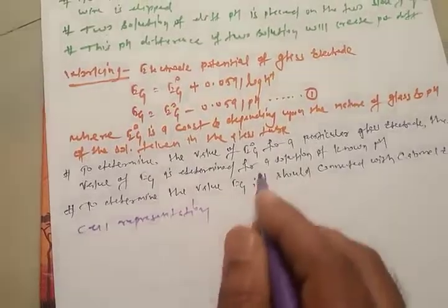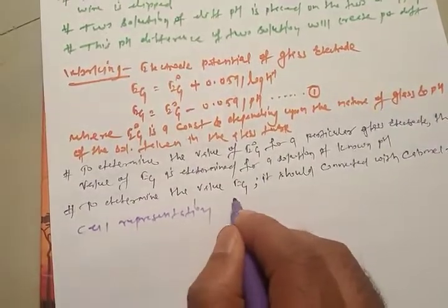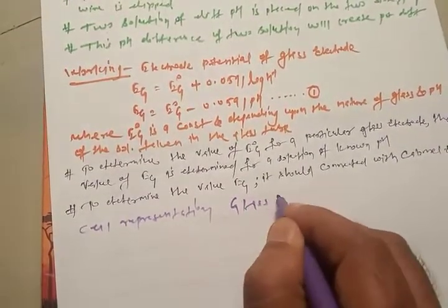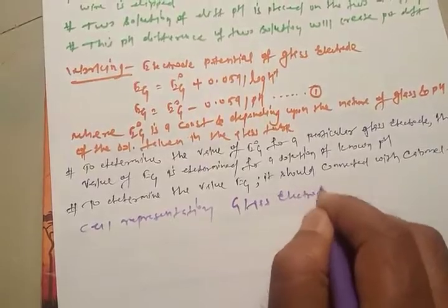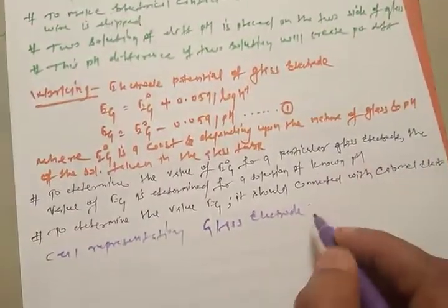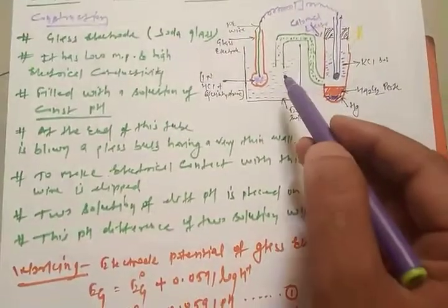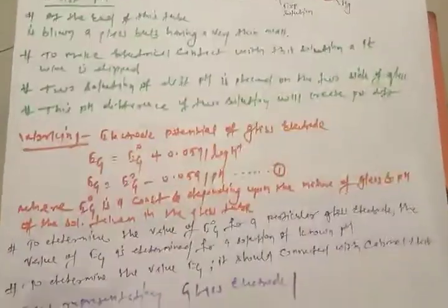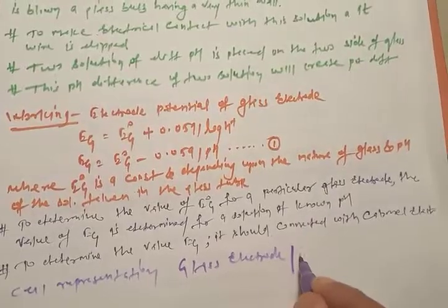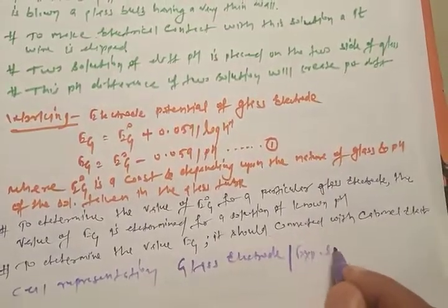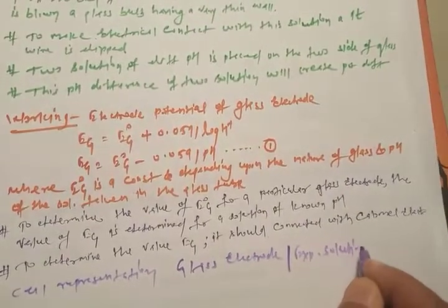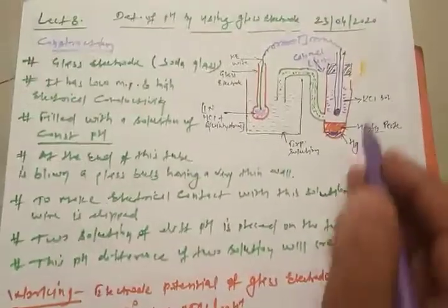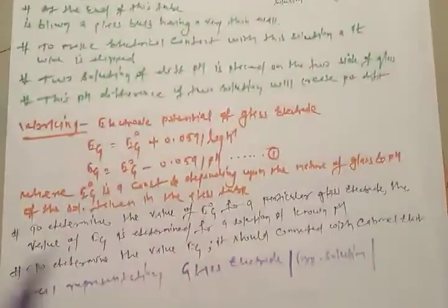So the cell representation is: glass electrode, connected with the experimental solution, and this experimental solution is connected with the calomel electrode.